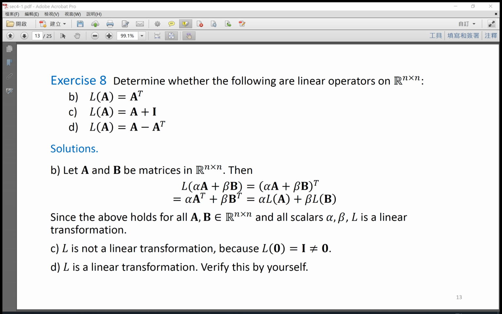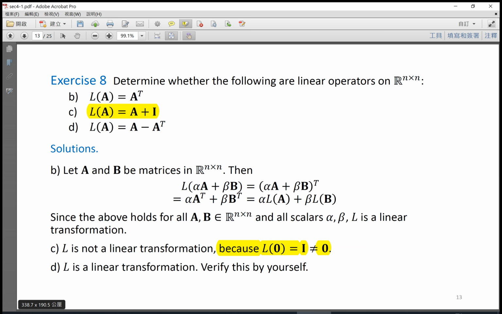In case C, L is defined as A plus the identity matrix. Note that there is a non-zero constant term in the definition of L, and L is not a linear transformation because L of the zero matrix equals the zero matrix plus the identity matrix, which is the identity matrix and is not equal to the zero vector in R n times n.